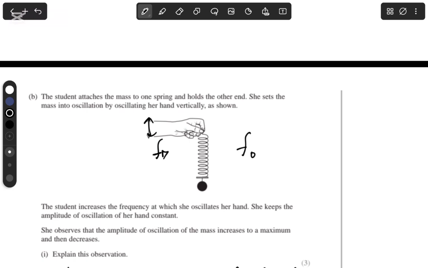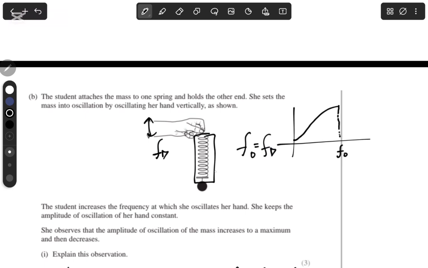Now what's going to happen is the frequency of this mass which is oscillating is going to increase as it moves up and down. And then the frequency will increase, and it will reach a value where it equals the natural frequency. So the driving frequency is equal to the natural frequency.